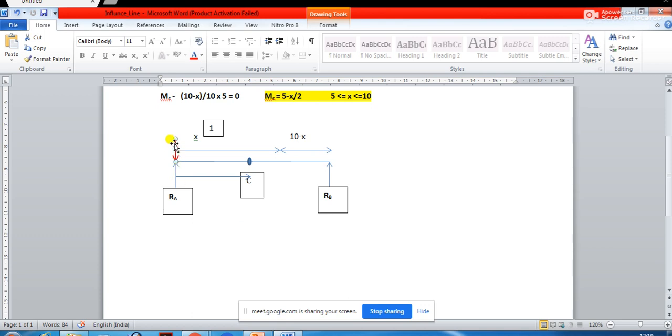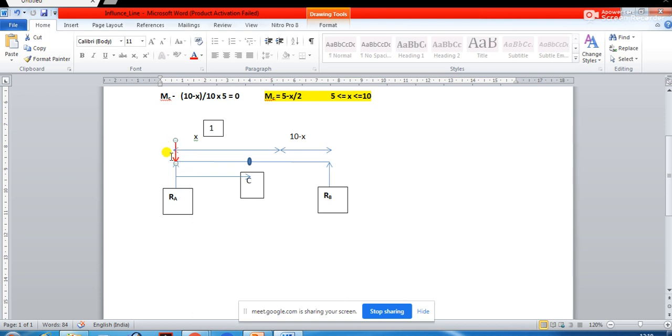So here you see what we are doing. In the case of a bending moment diagram at C, generally you put the load over here and then find the bending moment at C. But in the case of an influence line diagram, the load is not static, it is a moving load. Suppose the load enters from this direction and reaches the support RA, that means it has just entered the beam.